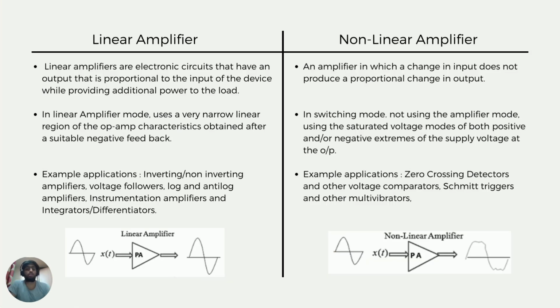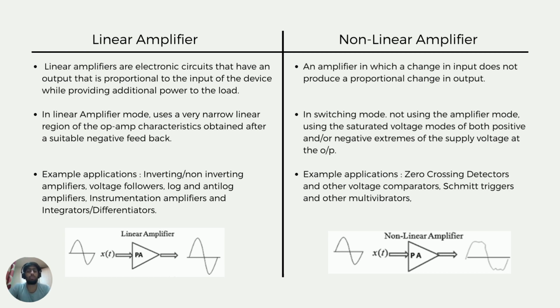Now we'll move on to the differences between a linear amplifier and a non-linear amplifier. The definition states that in a linear amplifier, the output is proportional to the input of a device while providing additional power to the load. A nonlinear amplifier is an amplifier in which a change in input does not produce a proportional change in output.